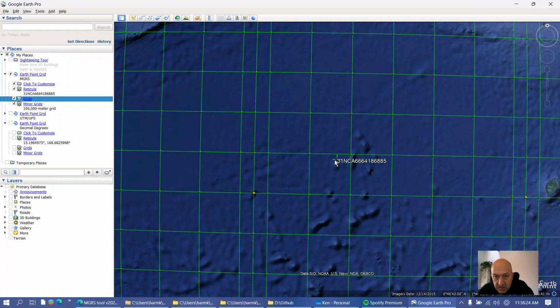So this point with the crosshairs is 66,641 meters to the east and 86,885 meters up. As I keep going up, it would start counting again when I get to the next grid square.